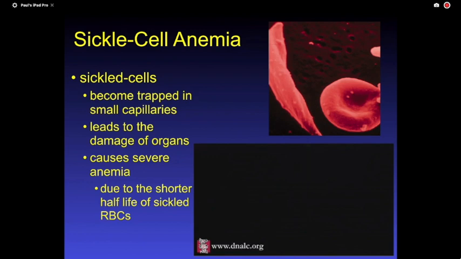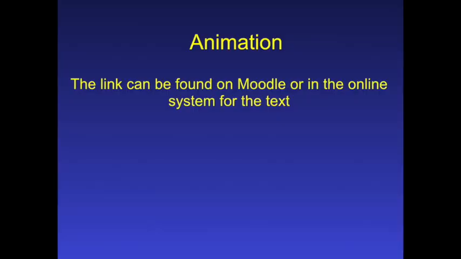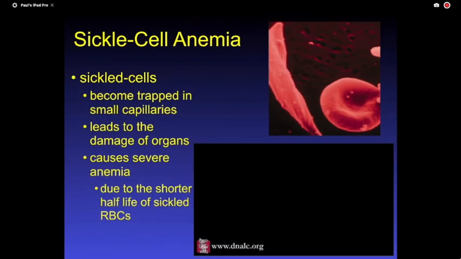Not good. Okay? So why do we get a physiological change to look like the one in the front versus the normal? Okay? It is all because of hemoglobin and one single change in the amino acid sequence. Okay?